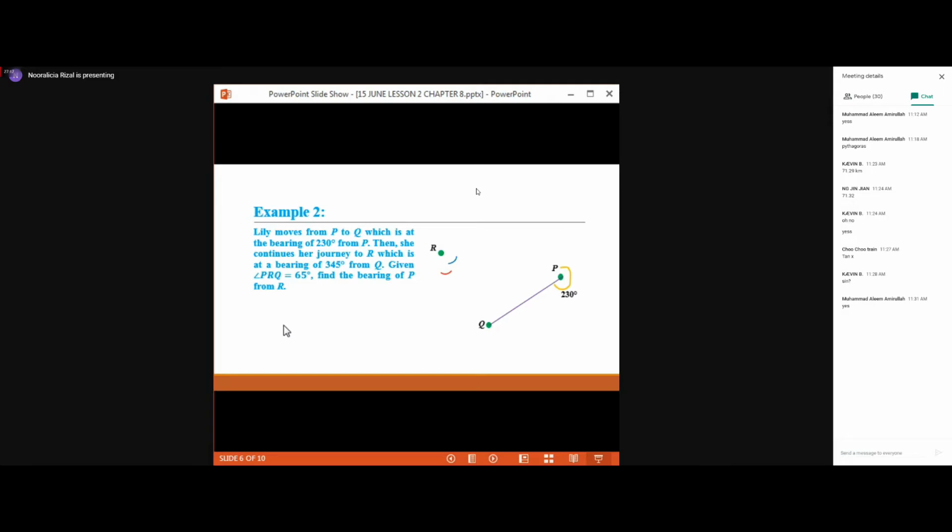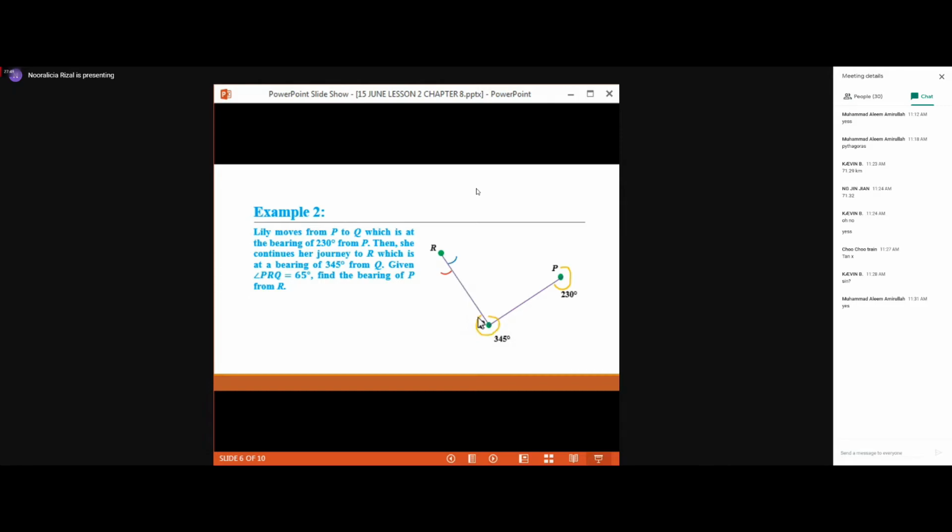Second sentence. So from Q, she continues her journey to R, which is at a bearing of 345. So now you are at Q. You can draw your quadrant, or in other words, your north line. The fourth quadrant. And where is 345? It is in the fourth quadrant. So that's why your R is there.